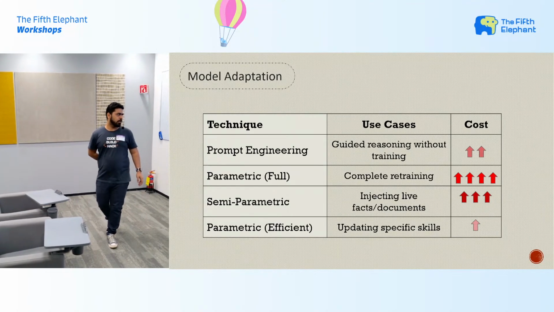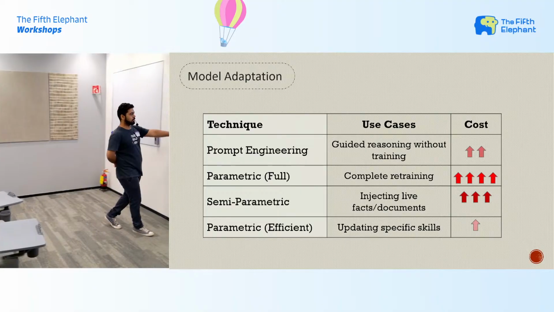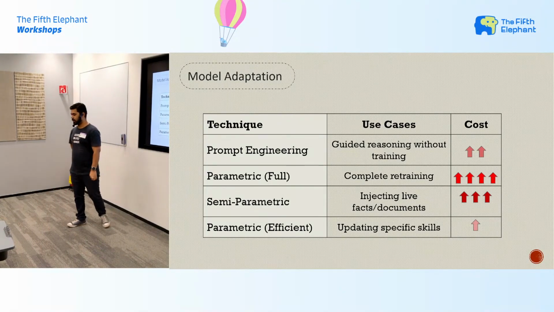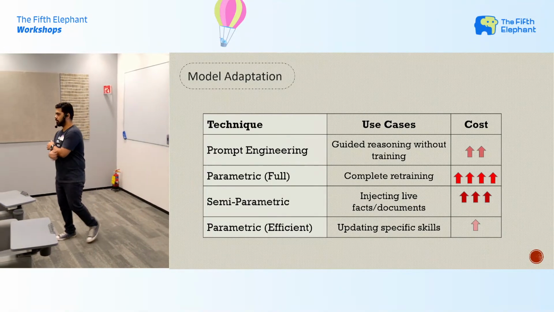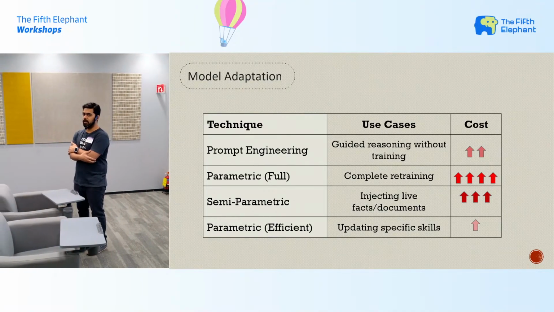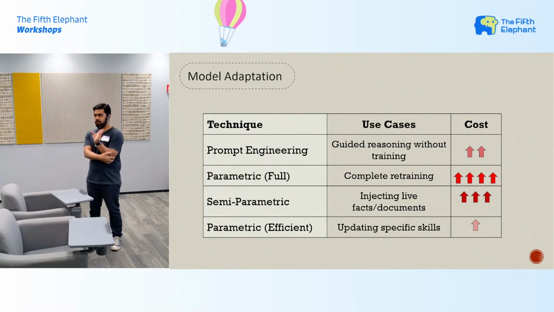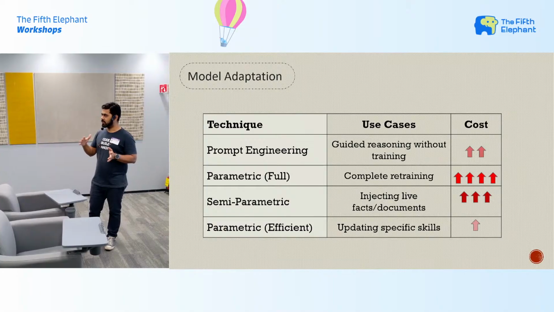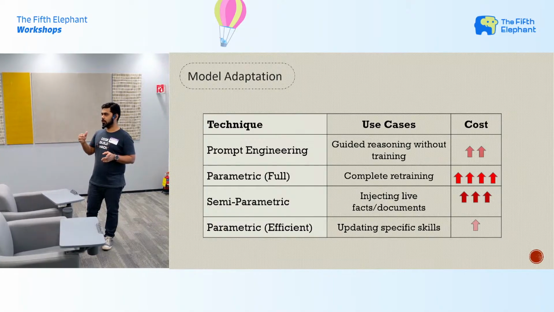That's semi-parametric. And something that we will be looking at today is parameter efficient training. PEFT is the technique that we call it. Why this is less cost intensive is because you train it once and then you're able to reuse it across. It's also reusable in the sense you keep the base model you've downloaded the same, and then you have training done, you create different adapters, we call it.